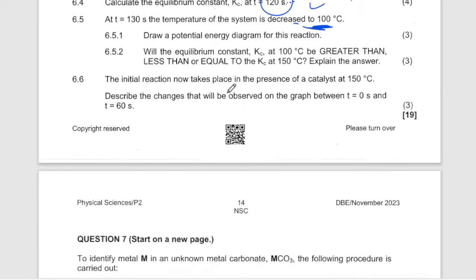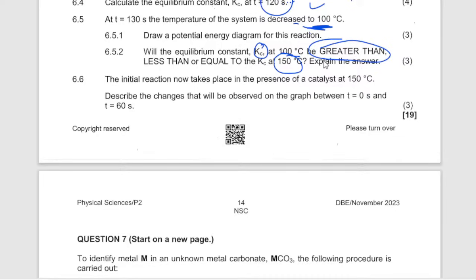What are they saying? The initial is okay. Will the equilibrium constant Kc at 100 be greater than, less than, or equal to at this? Explain your answer. Definitely it is going to be greater than. Why? Because this reaction is exothermic.